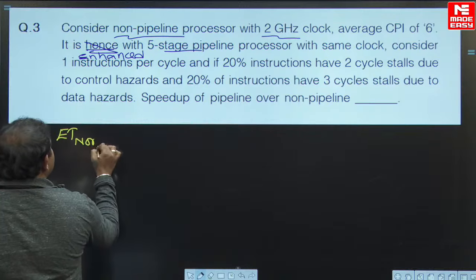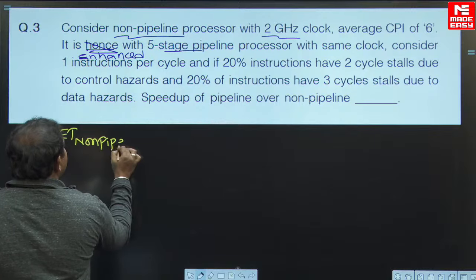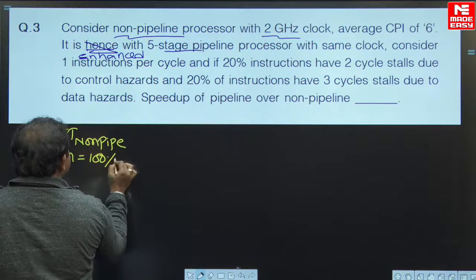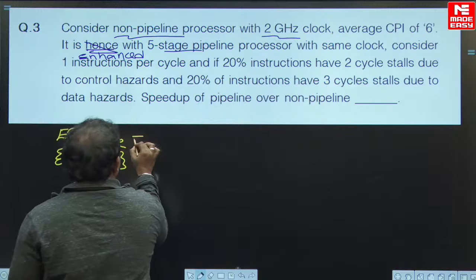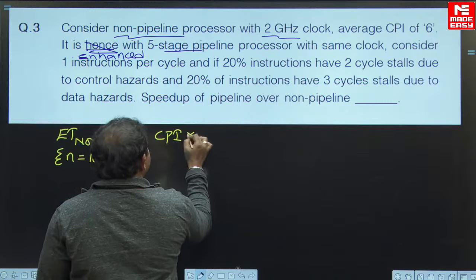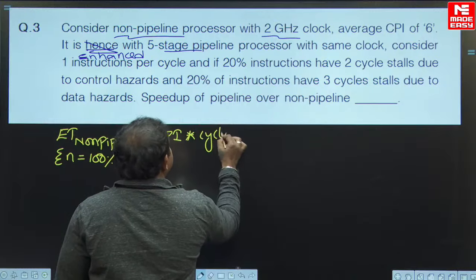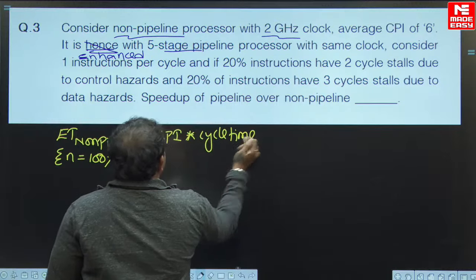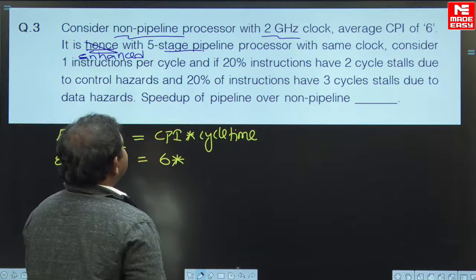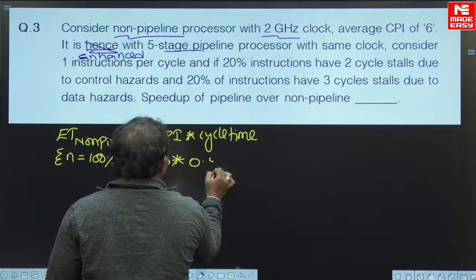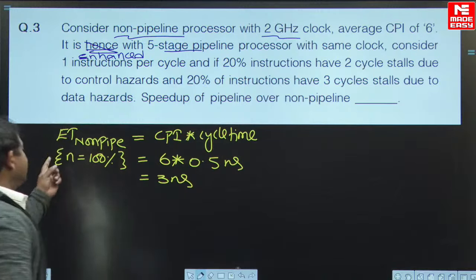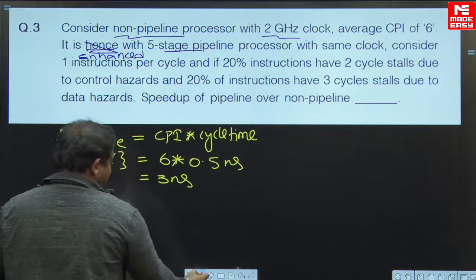Here the number of instructions is not given, so n is equal to 100%; we take a relative value. The formula is CPI into cycle time. CPI of the non-pipeline is 6 into cycle time 0.5 nanoseconds, which is 3 nanoseconds. Execution time of non-pipeline is 3 nanoseconds.